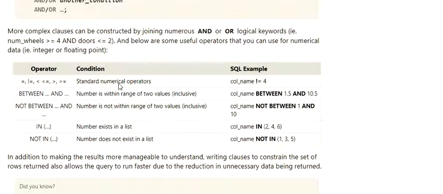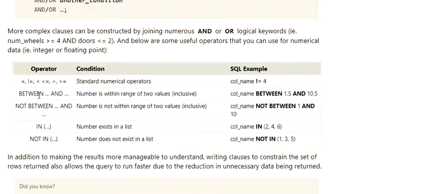So here are some standard numerical operators. This one is equal to, this one is not equal to, this is less than, this is less than or equal to, greater than or equal to. And whenever we are required to get data within a range, we will be using the combination of between and and in the where clause.